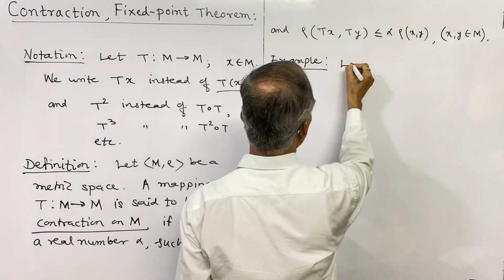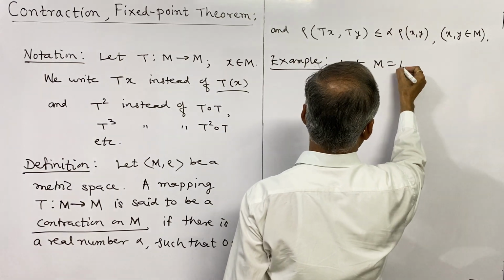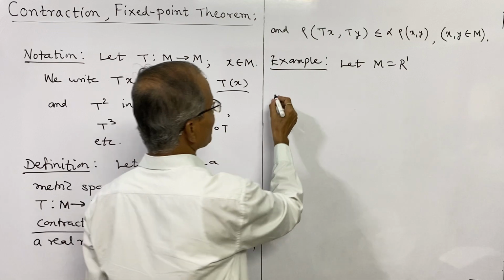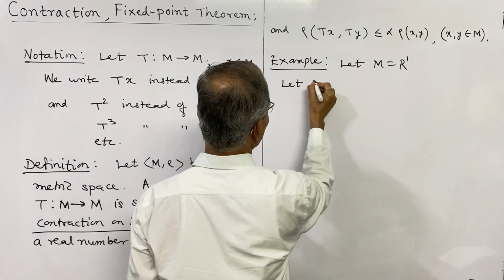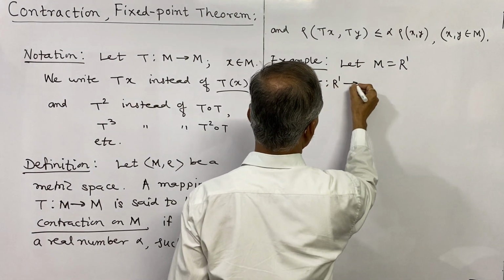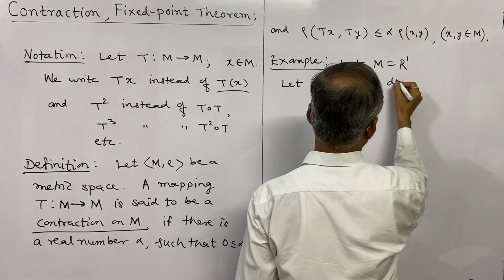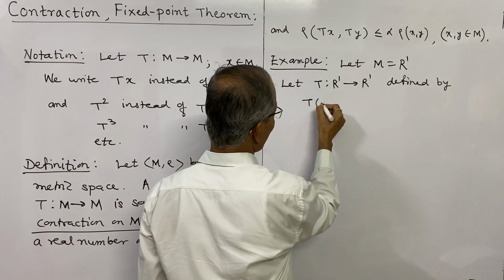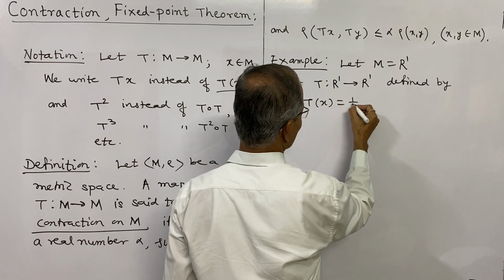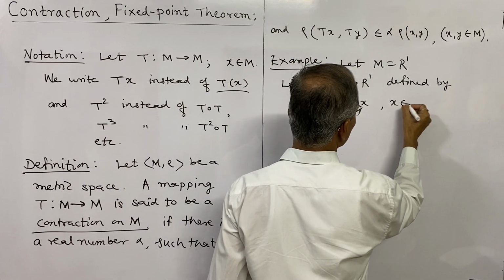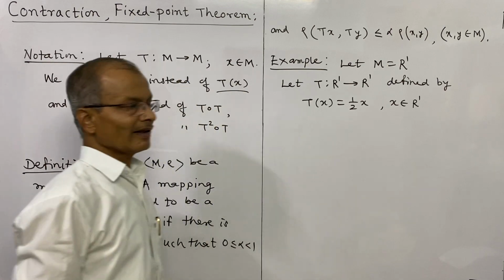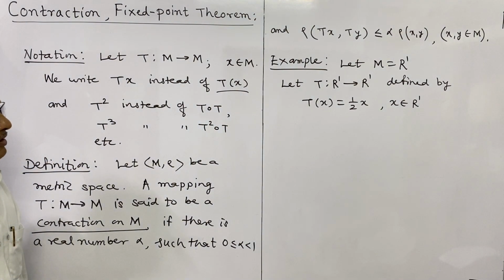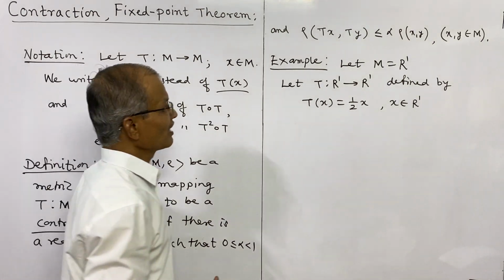Let M be the real numbers R1, and let T from R1 to R1 be defined by T of x is equal to half x, x belongs to R1. Then this is a contraction that we will see. It is a contraction on real numbers.